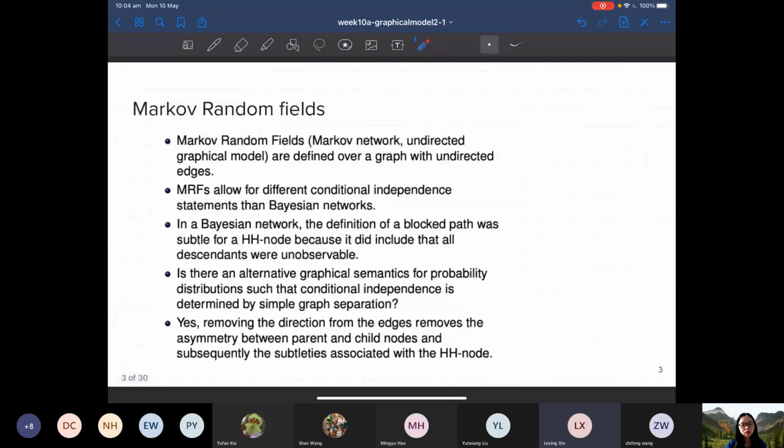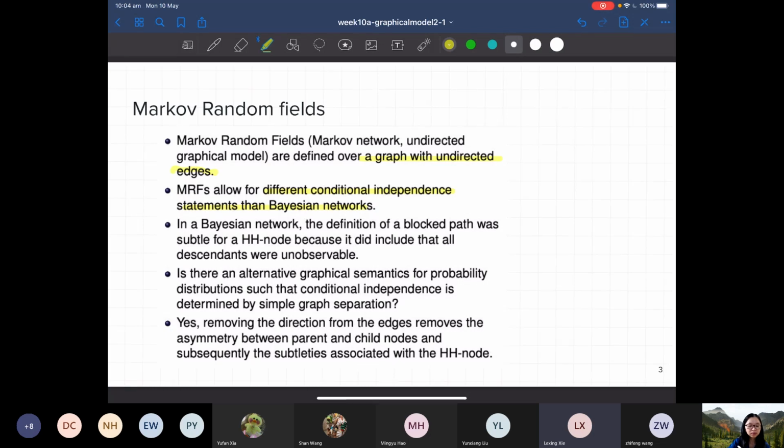Right? So Markov random fields, as we hinted last Friday, are also called Markov networks and undirected models. They are defined over a graph with undirected edges, meaning all the connections are symmetric. It doesn't quite specify which node comes first, unlike Bayes nets. So it allows for different conditional independence statements than Bayes nets.